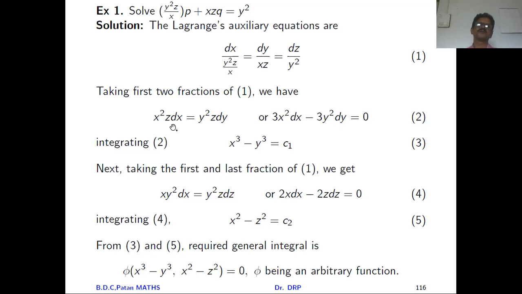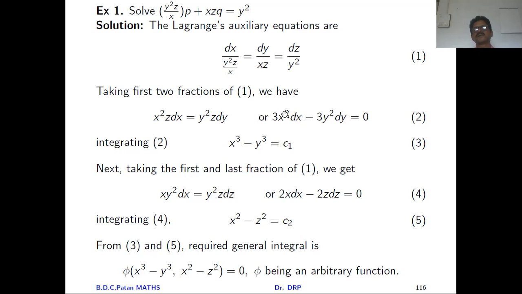And that equation is in variable separable form. So you solve it, or you first multiply that equation by 3. It gives 3x square dx minus 3y square dy equal to 0. And take the integration, it gives the solution x cube minus y cube equal to c1.